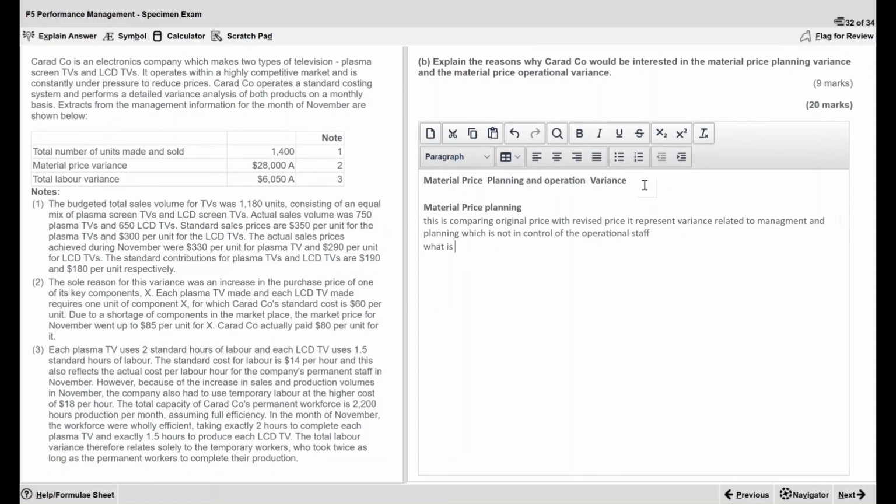What it simply means is that management were not accurate with planning.